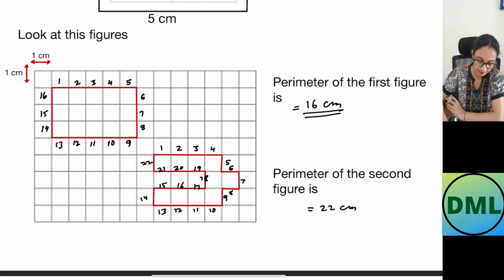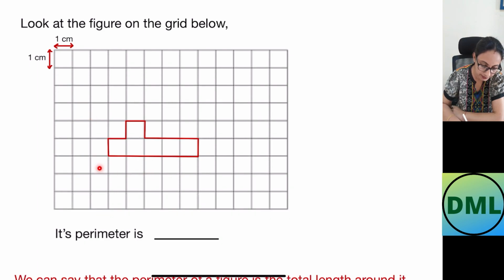Let's see one more example. Look at this picture on the grid. This is my picture. Each unit shows 1 centimeter. I need to calculate the perimeter of this shape. That means I need to move around the edge of the figure. Let's write down the counts here.